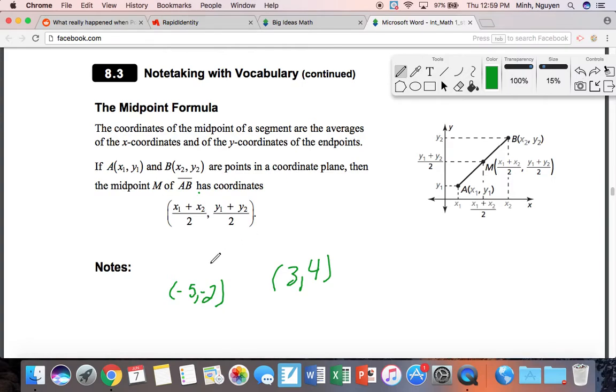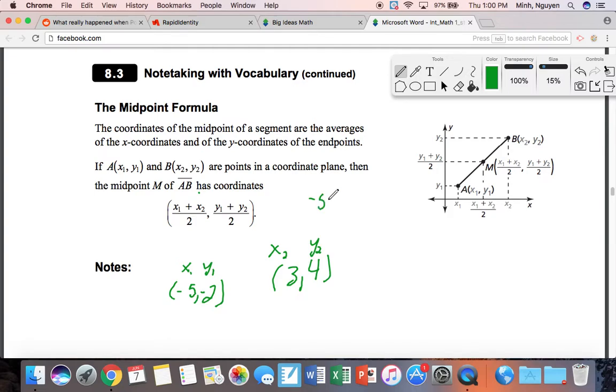Finding the average is the midpoint. So this could be our x1, y1, and this must be our x2, y2. If you had said this was x1 and y1, it doesn't matter as long as both of them are the same. If you flipped it, it would not matter.